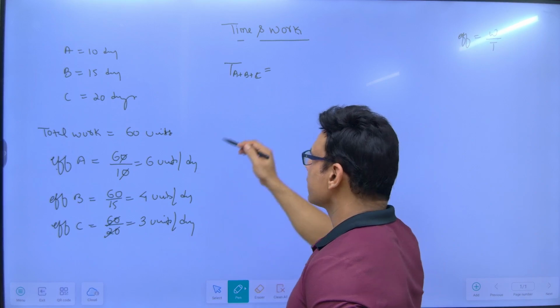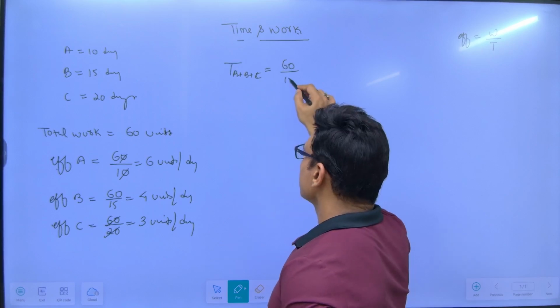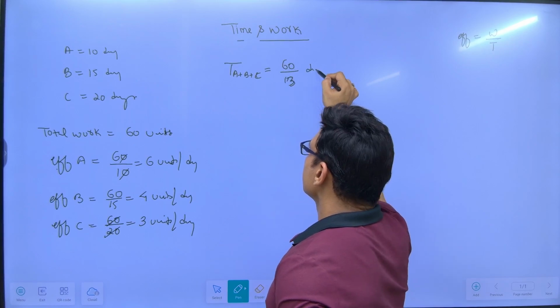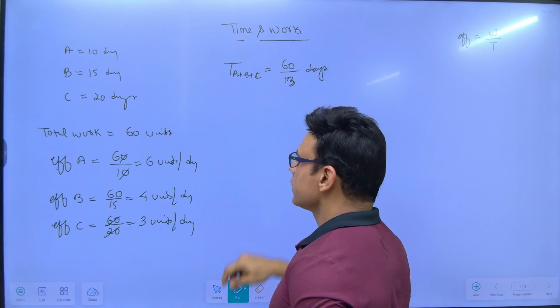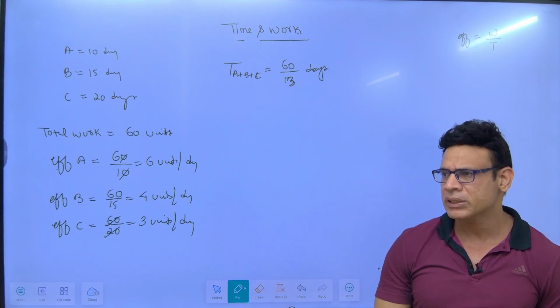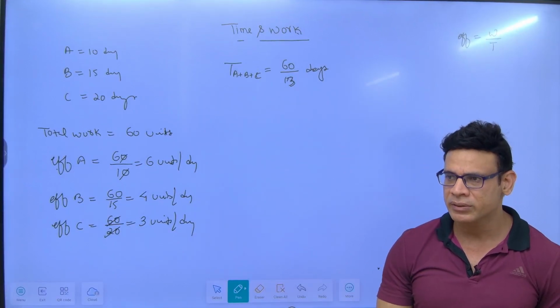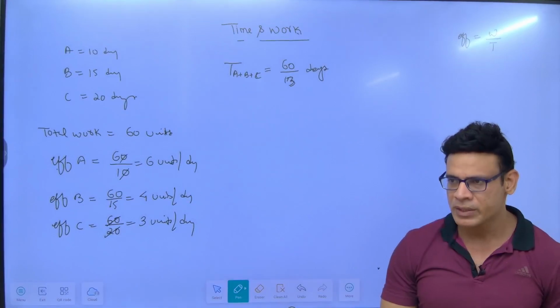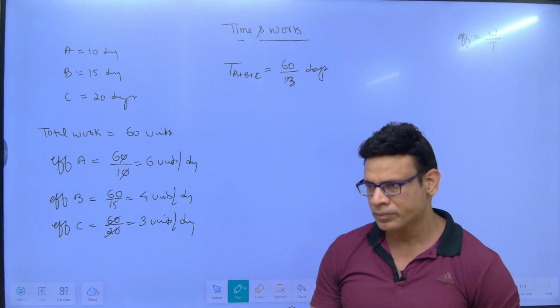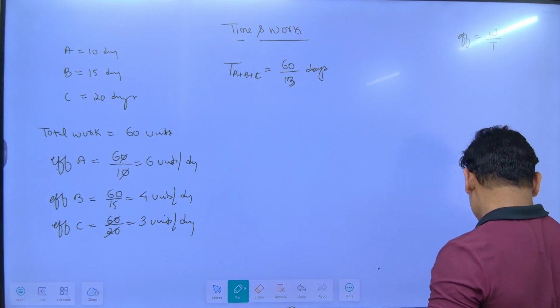Total work is 60. And total efficiency? 13. So 60 by 13 days. 5 point something. Keep it 60 by 13. Look at the options. Which option gives you the correct answer? Right? This is the shortcut.